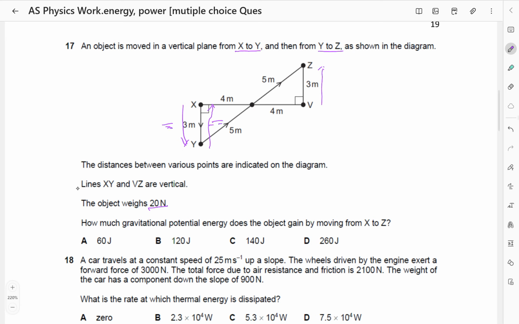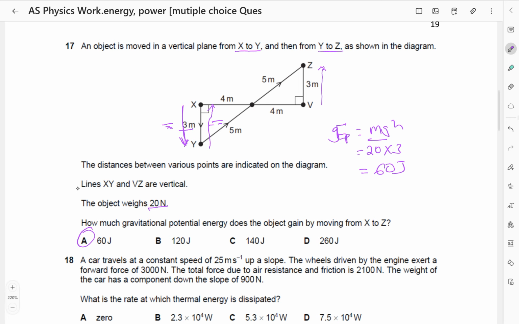We only remain with this potential energy here from V to Z. So the gain in potential energy is simply going to be mg times h. mg is 20 newtons times h, which is 3. So this gives us 60 joules. So the answer is A. Note that first it goes from X to Y. It loses potential energy due to a height of 3 meters.